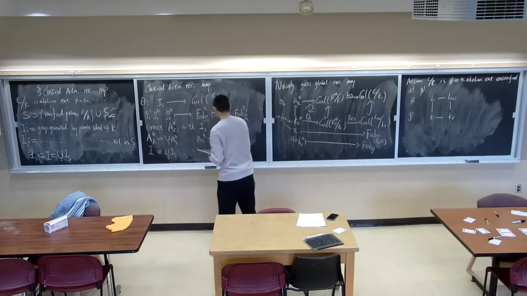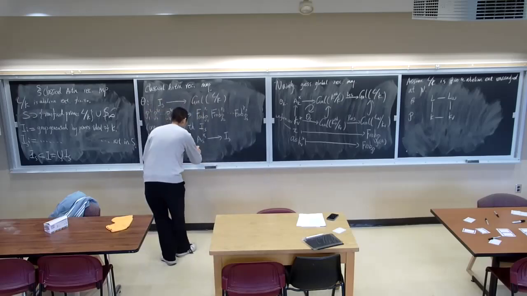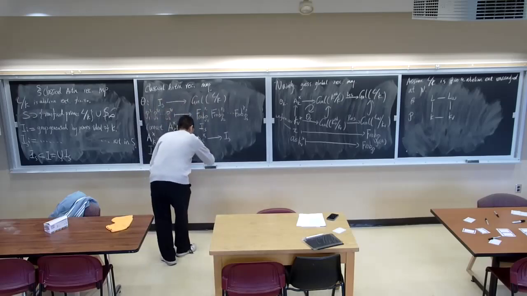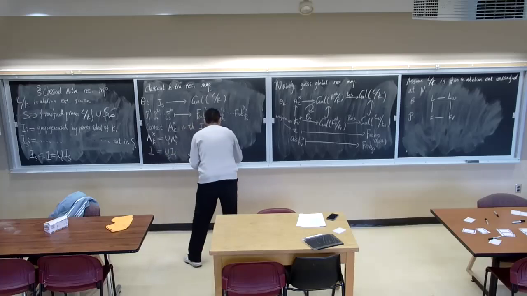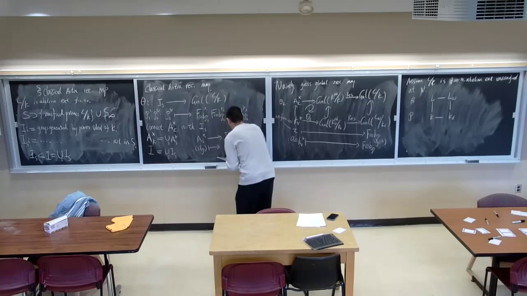And for A_S cross, we can map to I_S simply by, for any element, mapping to the product of primes P to the valuation of a_P.